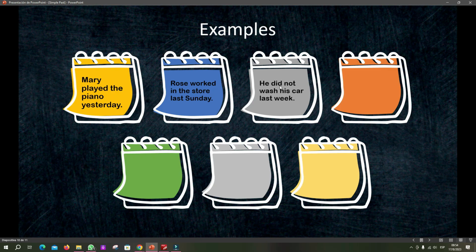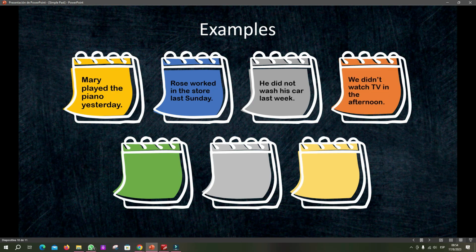Como estamos utilizando el auxiliar did, ya está en pasado, entonces al verbo ya no le vamos a agregar ed, sino que lo vamos a escribir en su forma base. ¿Cuándo agregamos el ed? Cuando estamos hablando de una oración afirmativa. De lo contrario, negativa e interrogativa, vamos a escribir el verbo siempre en su forma base.